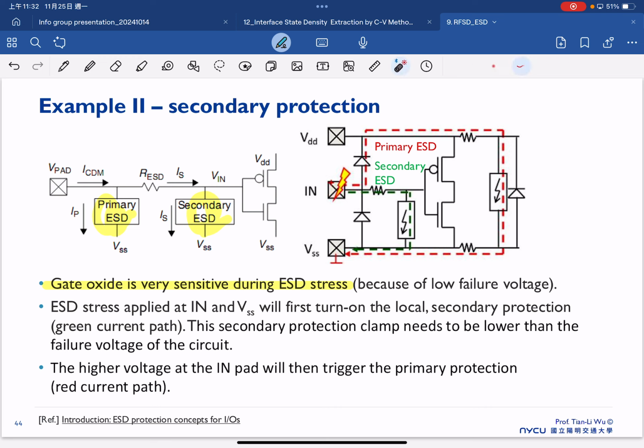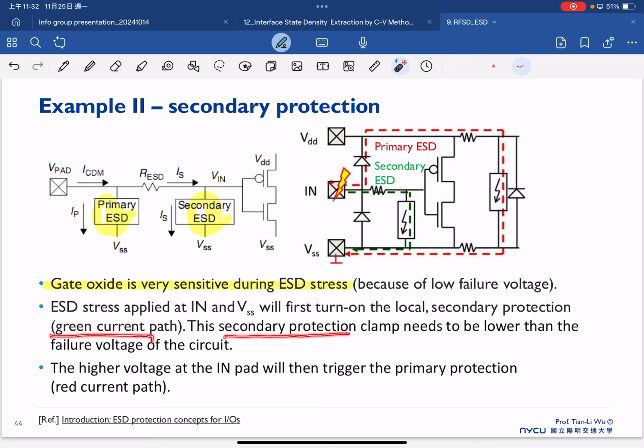So this is an example. As already said, we use a diode to shunt the signal away here, but then we place another secondary ESD protection to make sure the signal passes through to the ground, and therefore our gate here can be well protected. The ESD stress applied will first turn on the secondary protection locally, that's the green current path.